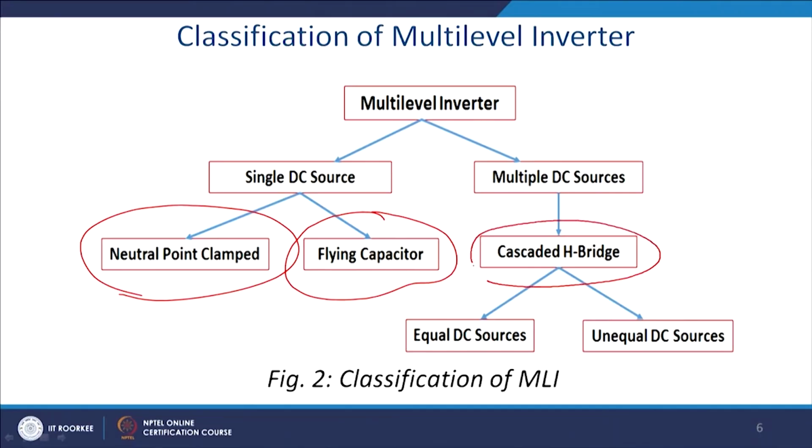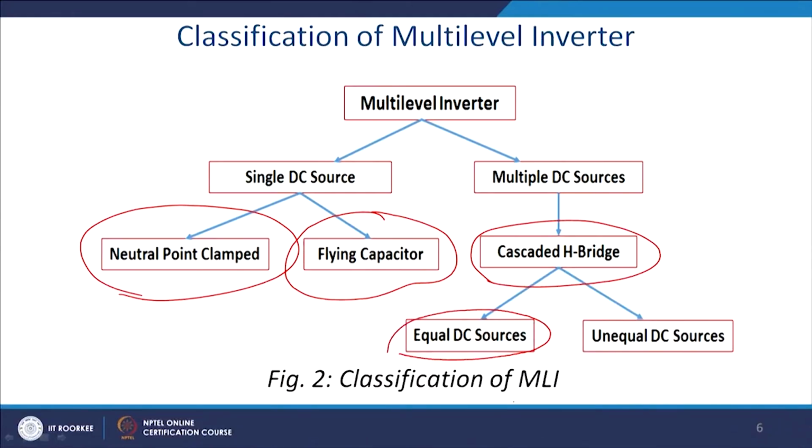So, you have a modular kind of setup, and you can increase the number of modules simply by using more modular switches. But the disadvantage in the cascade multi level inverter is that you require a separate DC source. Nowadays this kind of topology finds a lot of application in solar inverters, because a solar panel can be treated as an isolated DC source, and thus you can generate different kinds of voltages.